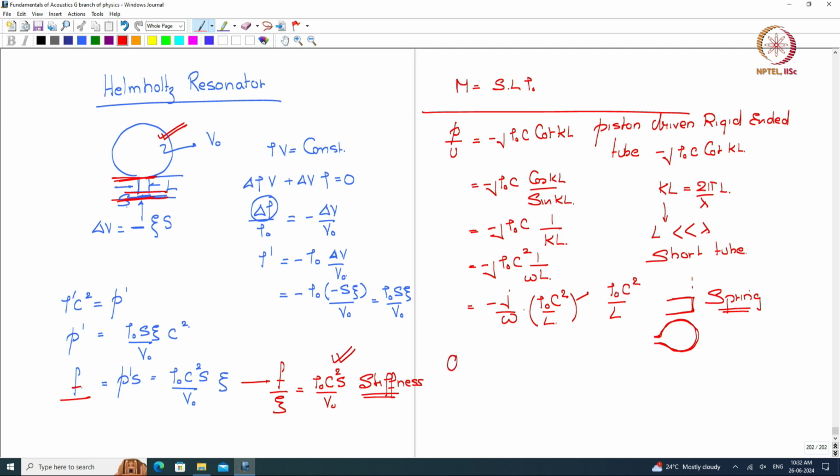Similarly, if we have an open-ended pipe, okay, a pipe that is open-ended and again piston driven, we know that the specific acoustic impedance is given by plus j rho 0 c tan KL. Okay, and it's open ended, that means pressure at the end is 0.